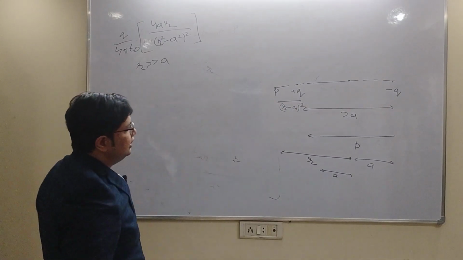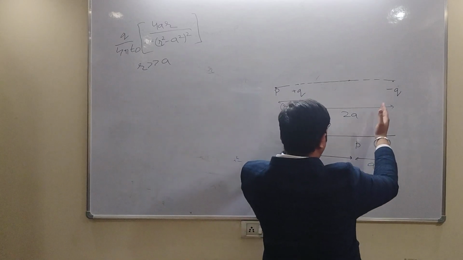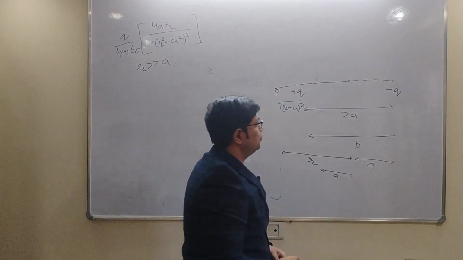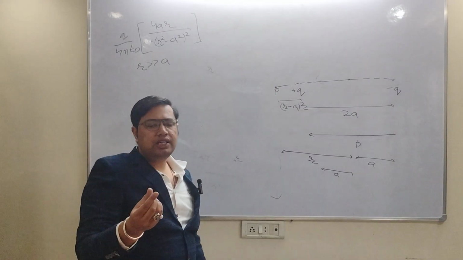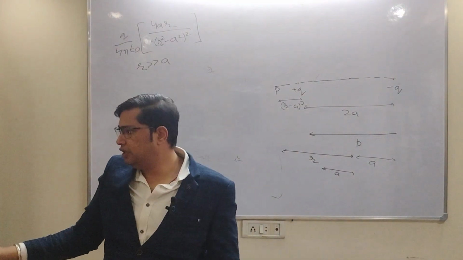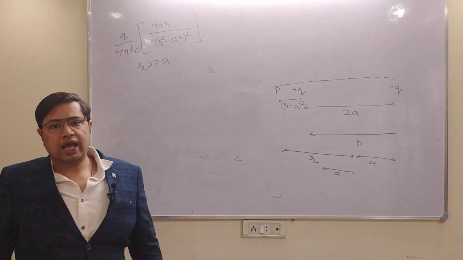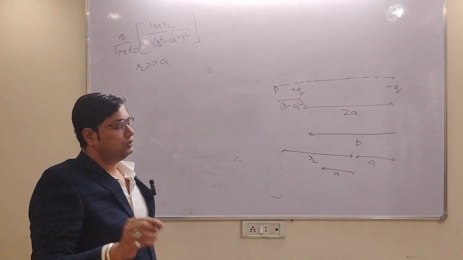The meaning of this is that this distance as compared to a, which is the distance between the two charges, is very large. A dipole exists in small molecules. So whenever we want to find out the field due to an electric dipole, we have to ignore the distance between the two charges.